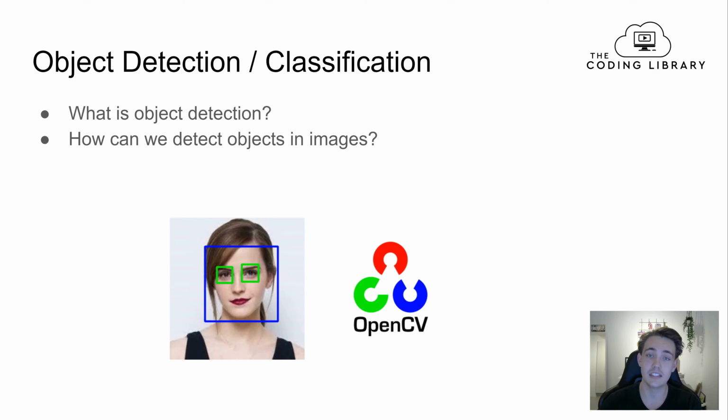So object detection is when we're detecting objects that we have trained our model or our classifier on. So how can we detect these objects in the image? One approach is the Haar Cascade Classifier that we're going to talk about in this video. And there's also the deep learning approach, which I'm going to make a tutorial on later on.